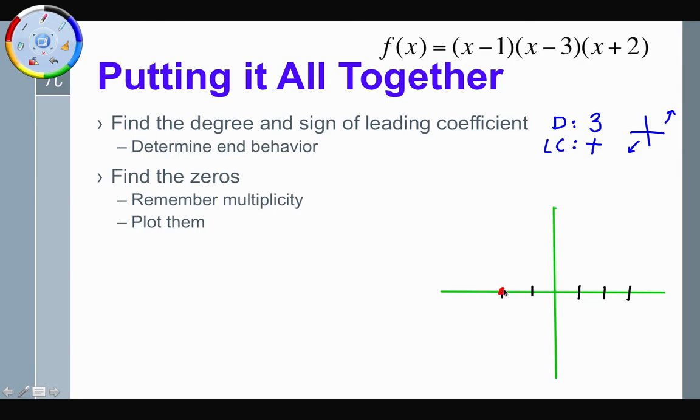So we have simple zeros: x equals negative 2, x equals positive 1, and x equals positive 3. Before I do anything with end behavior, actually I'm going to put it on there, really lightly. We know that it has to go down over here, and it has to go up over here. We're not going to necessarily use those parts as my graph, but we might be able to.